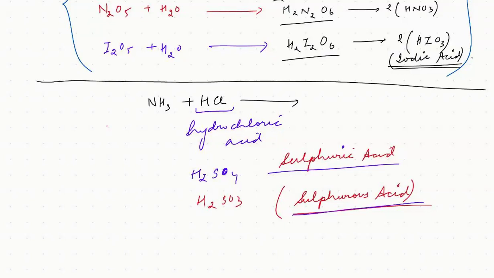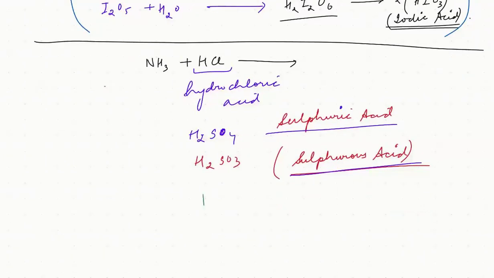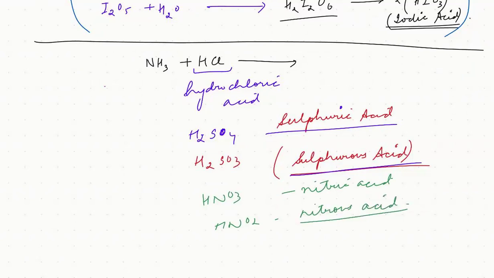So we had H2SO4 and we had H2SO3. All of these acids, no matter what acid you are talking about: HNO3 would be what? Nitric acid. HNO2 would be what? Nitrous acid. So I hope you have all of these acids.